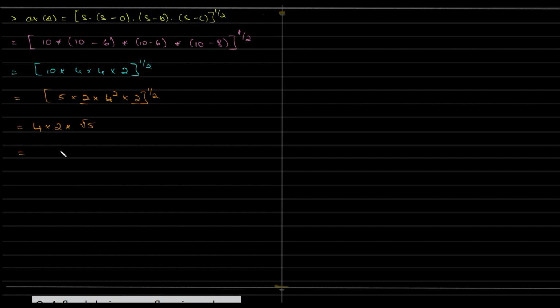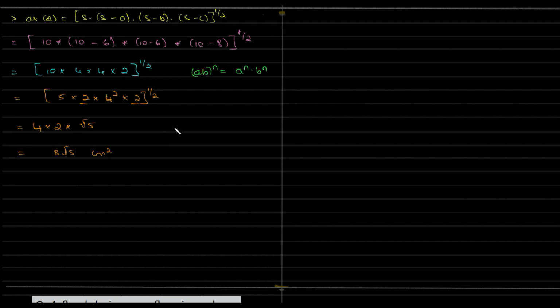So you can directly write this as 8 root 5 centimeter square. You need not calculate all these steps. You can skip these 2 steps. Again, it's left to you how comfortable you are with exponents, knowing this formula and understanding square roots and factorizing. If you're strong with your basics, then you can skip quite a few steps, and that's okay.